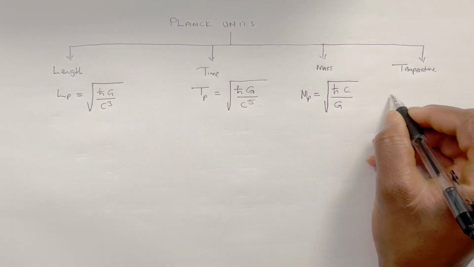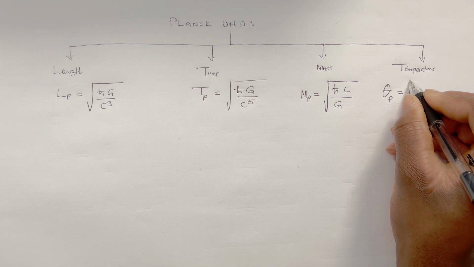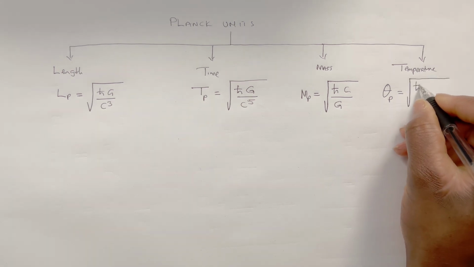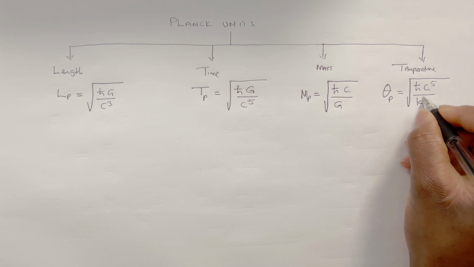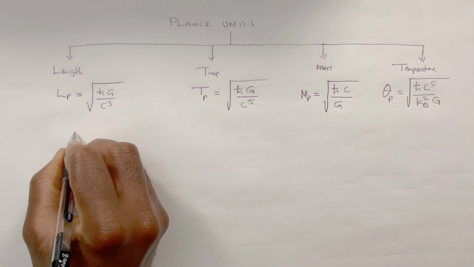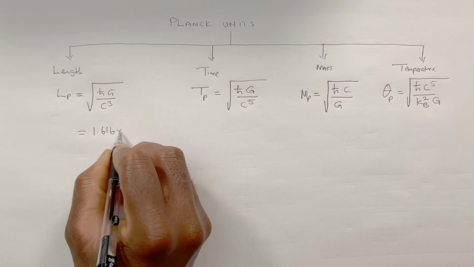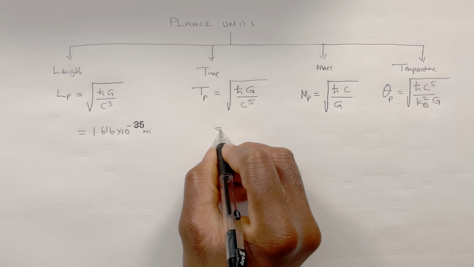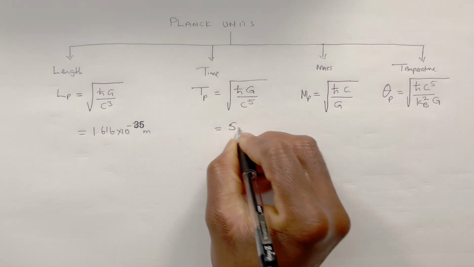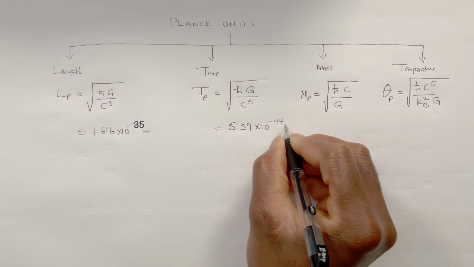So that's the temperature. And so that's theta P equals, and we get root of h bar c to the power 5 over Boltzmann constant squared big G. And the value for Planck length is 1.616 times 10 to the power minus meters, and the value for Planck time is 5.39 times 10 to the power minus 44 seconds.